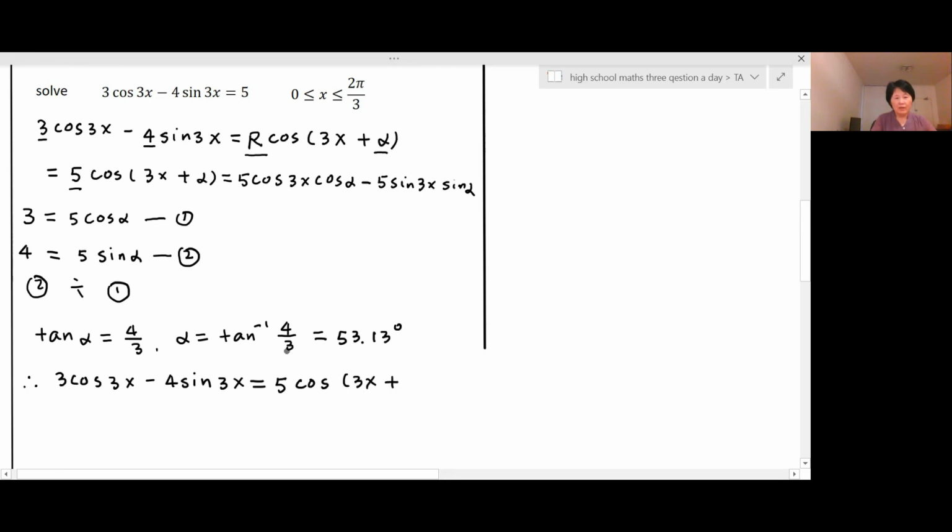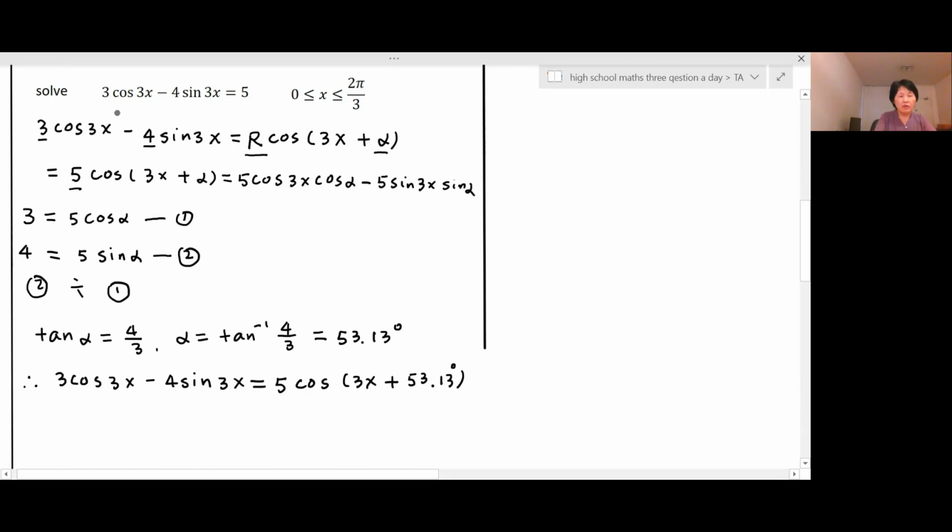What is alpha? Alpha is 53.13 degrees. Okay, so the left-hand side 3 cosine 3x minus 4 sine 3x will be equal to 5 cosine (3x plus 53.13 degrees).